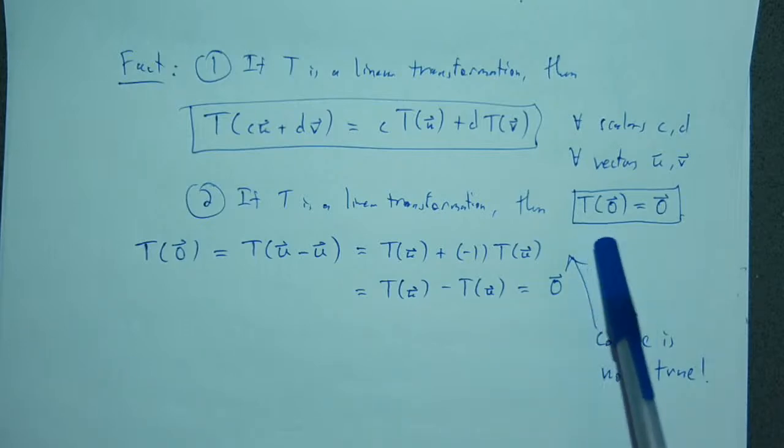So if a transformation sends the zero vector to the zero vector, that doesn't mean that it's linear. There are some pretty easy examples you can cook up, and I'll have you cook some of those up maybe for your next homework. This is just a quick way of checking, but it doesn't prove that the thing is linear.